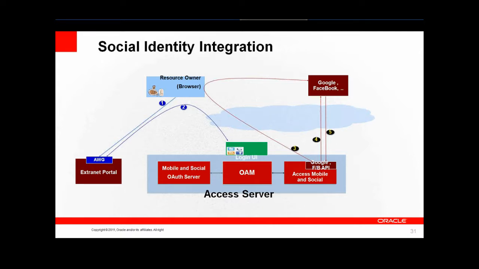In the case of Facebook, which is basically based on OAuth, there's a separate flow that happens. So Facebook is going to give you the initial authorization token to access the mobile and social server, and it uses that token to get the specific access token, right? So it basically tells, I know that you authenticated this specific user. Here is your authorization token.